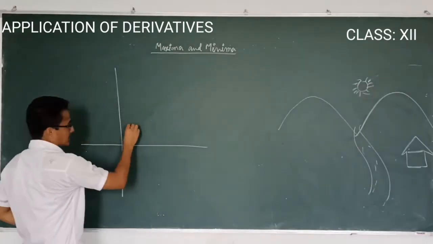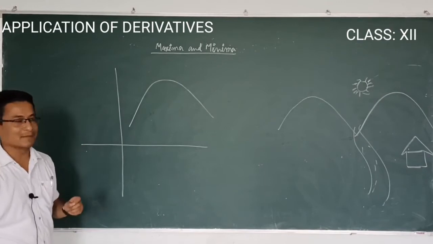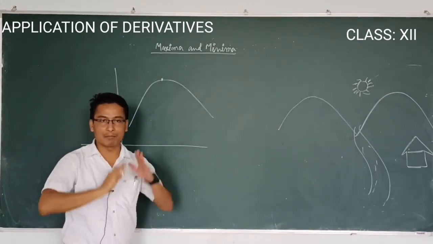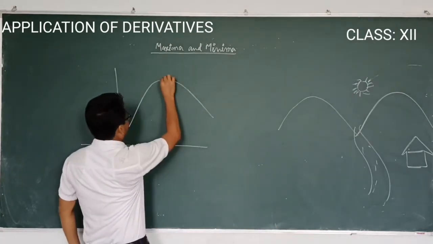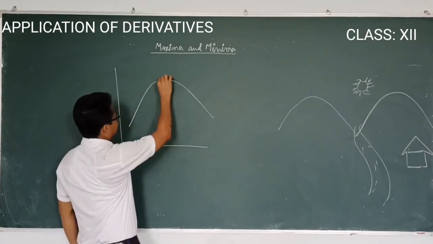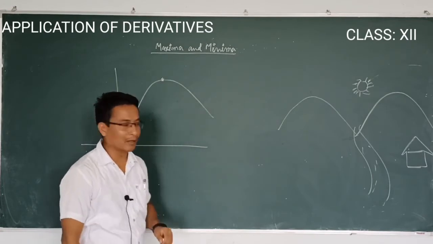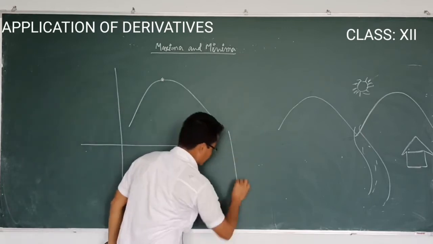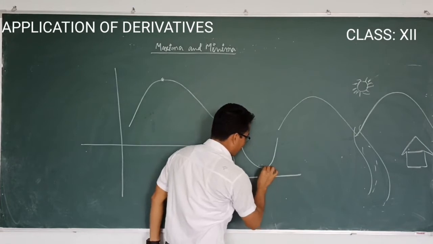Now what do we understand by maxima? Let's see. I will pick this part from your drawing and draw it here. Maximum means this point, the peak, the greatest one. After this point, no points are there. So this is the peak point, and that peak point is known as maxima.